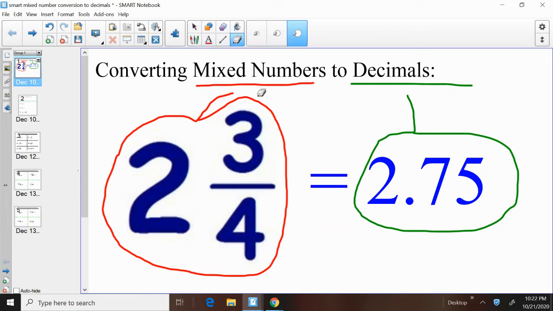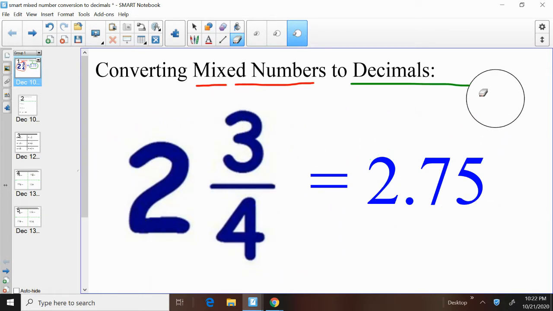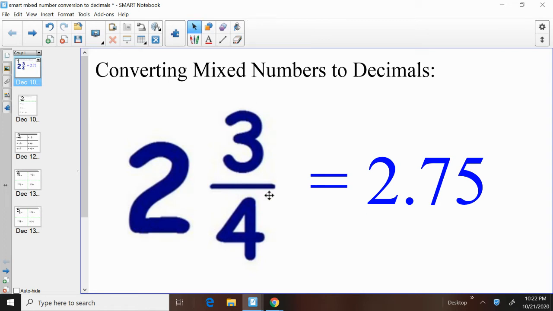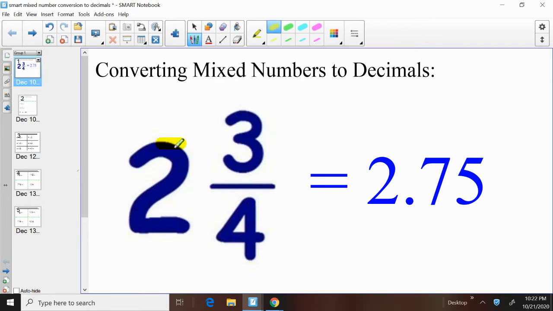So to do that, erase these lines. Okay, let's look at what is similar between them because it says it's equal. So this is equal to this. So let's look at what's in common. What looks to be in common in both answers, I hope you see, is the 2.